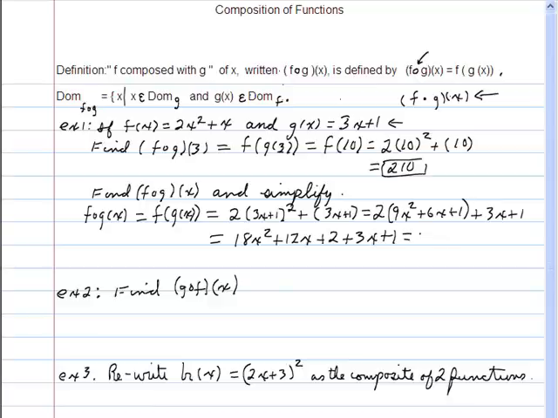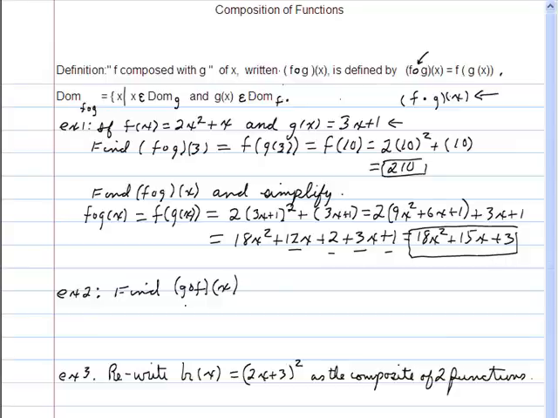And combining like terms gives us 18x squared. Now we have like terms here, 12x and 3x. Add them up, 15x. And we have like terms here, 2 plus 1 is 3. So that would be our f composite g of x simplified.